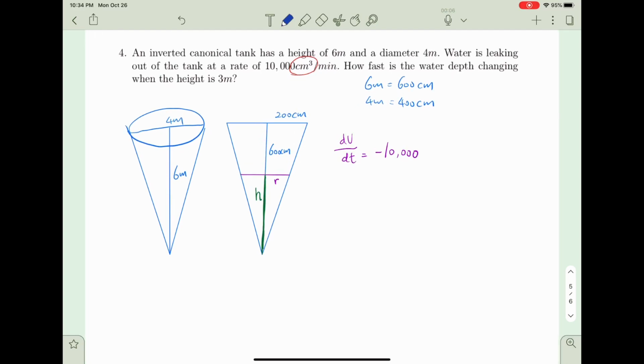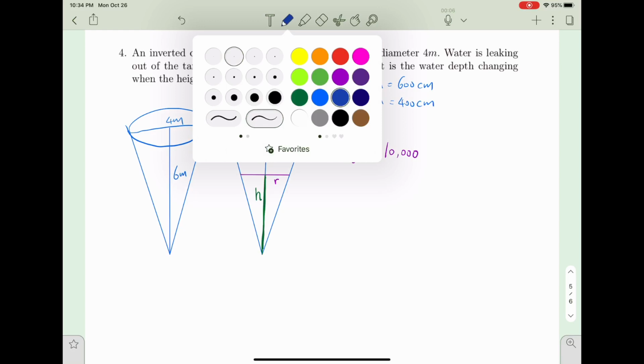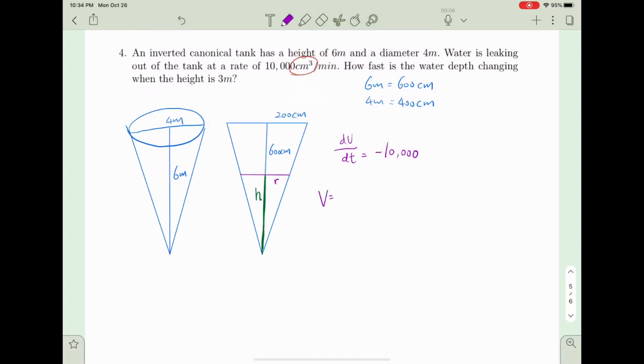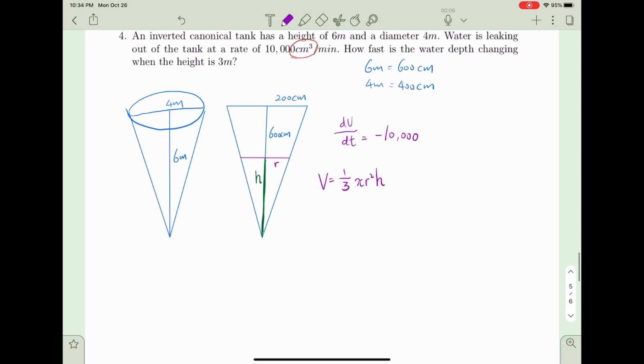So the volume of the water, V, is equal to 1/3 times pi r squared times h. So we can find the relation between the volume and r and h. But still, we have 3 variables here, which are V, r and h. In related rate questions, we normally just have 2. So it seems that we need to eliminate one of the variables here, right?